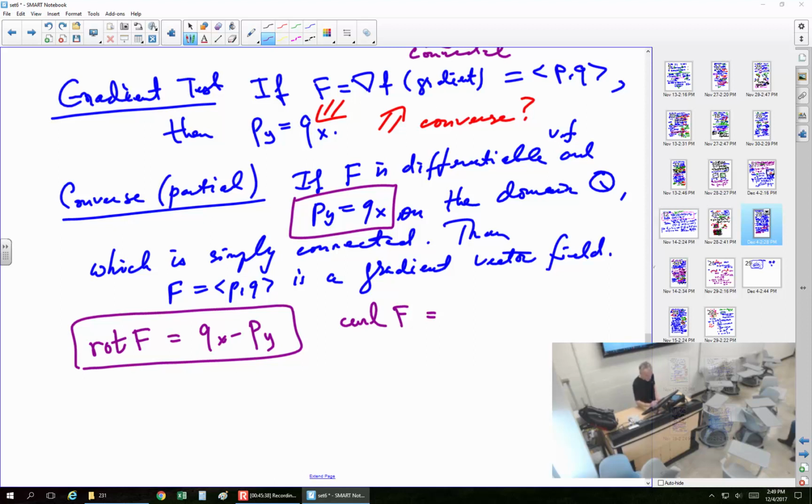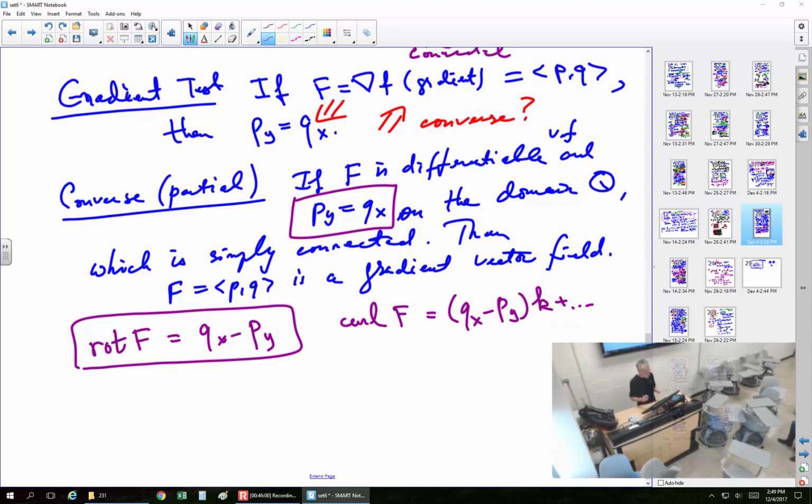If I remember correctly, it's qx minus py times k. So remember the 3 components, and the 3rd component is copied from the rotor. The x and y are here, and this one is the z component of our space.